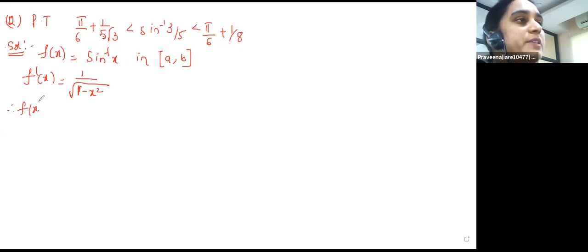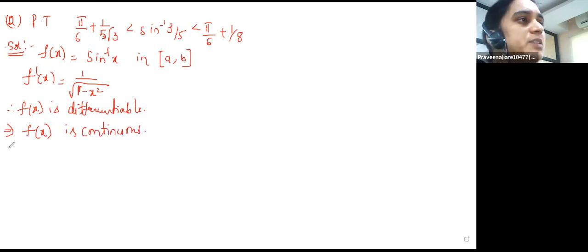Therefore, f of x is differentiable. And if it is differentiable, then f of x is continuous. Therefore, two conditions are satisfied for Lagrange's mean value theorem. f dash of c is equal to f of b minus f of a by b minus a.